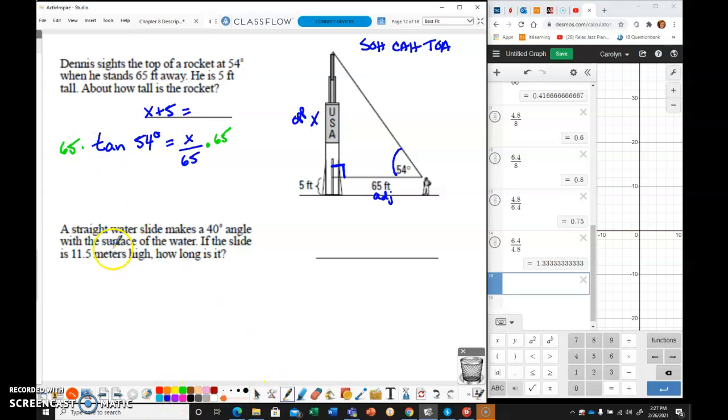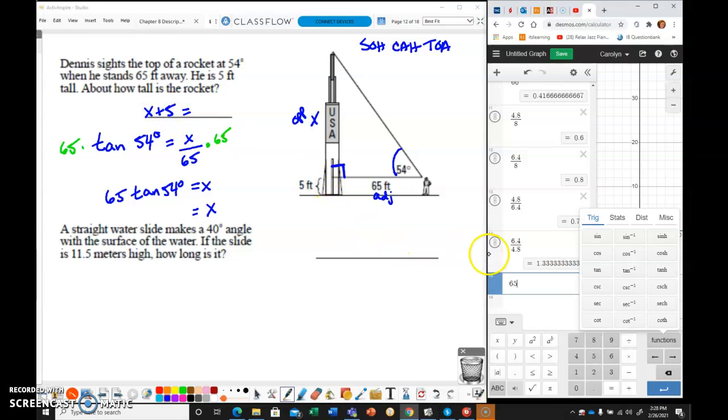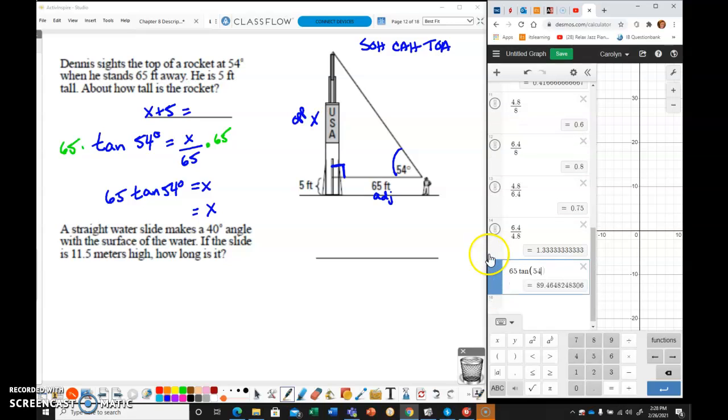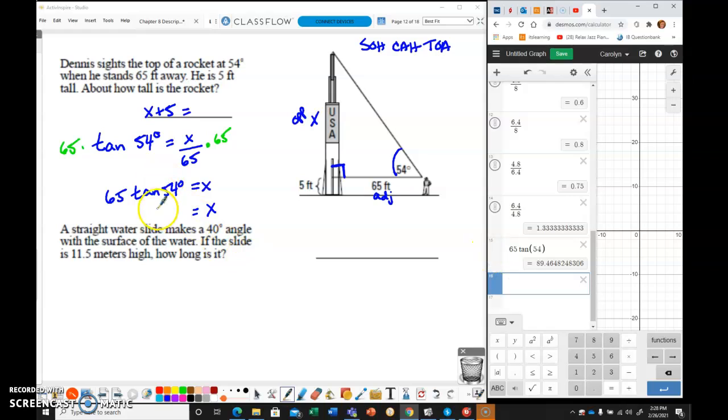So the piece that I'm putting in my calculator is going to be 65 times the tangent of 54 degrees. Now that's going to get me x. It's not the height of the rocket because I still have to add that 5. So I'm doing 65 times the tangent of 54 degrees, and I'm looking at 89.46 feet.